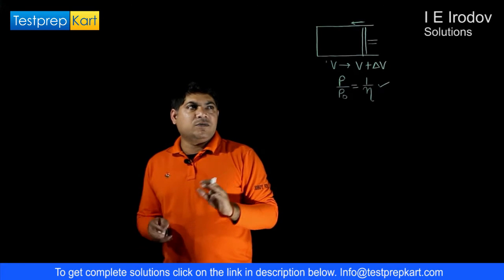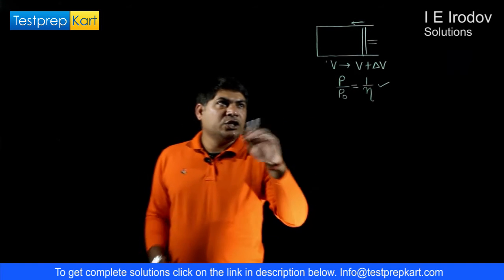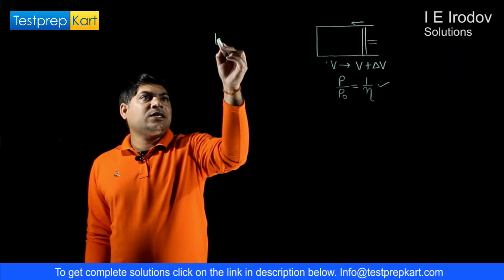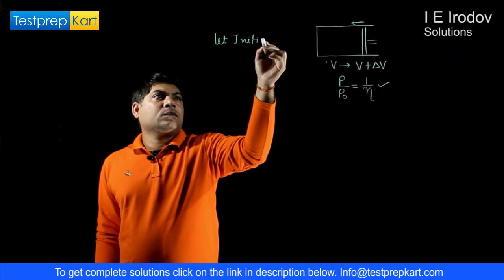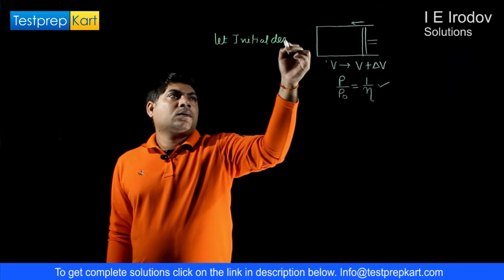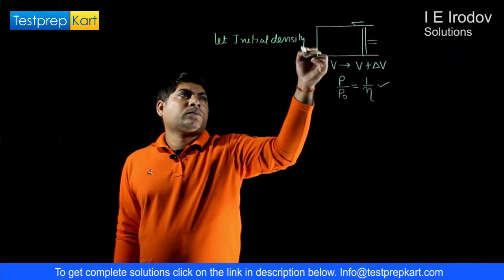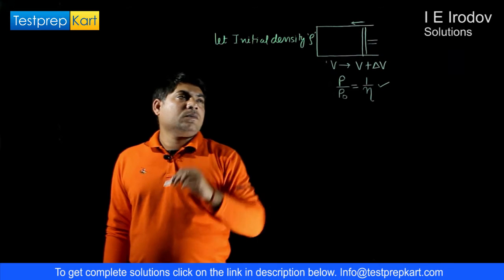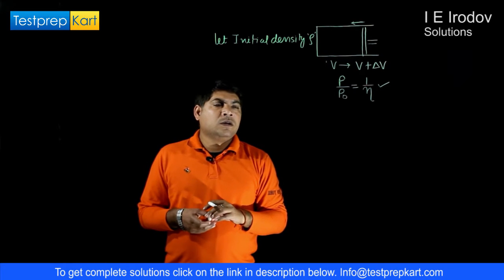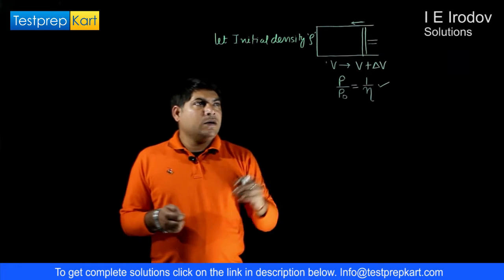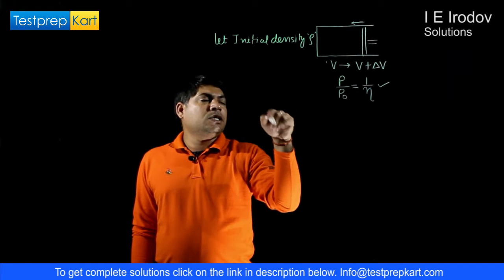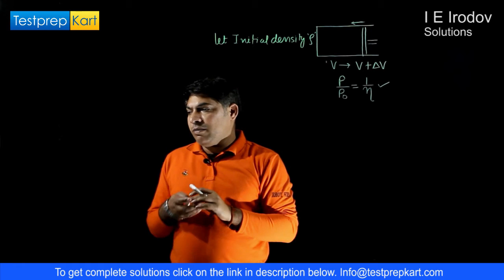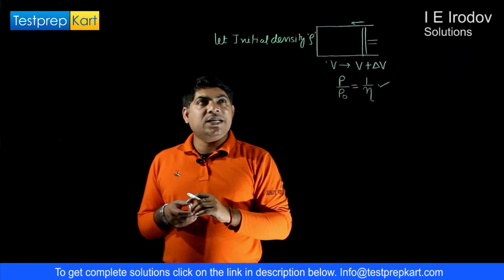So let's analyze one by one. Let's assume the initial density is rho. When we put the first stroke here, there will be a change in volume, and definitely there will be a change in density also.